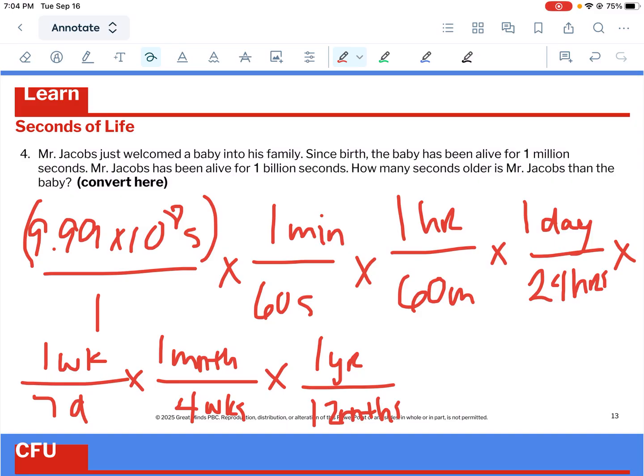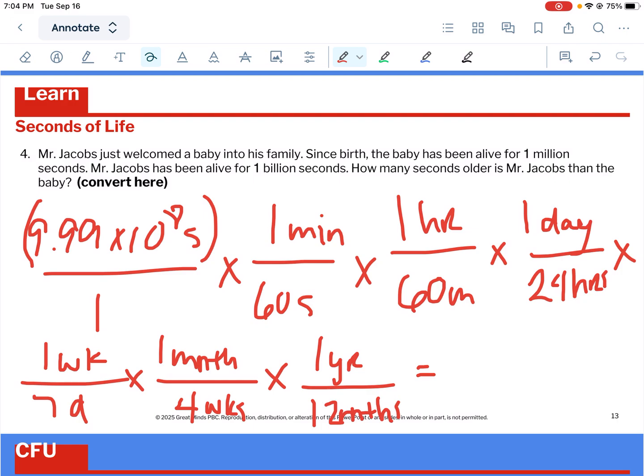Close your parentheses and then hit equal, and that will give you a value in years. So we're essentially just dividing a bunch of times, but we're shortening the process a little bit by multiplying our denominators together after we've already set it up as division in scientific notation. And I'm just going to plug that into my calculator for you so that you don't have to do so much work.